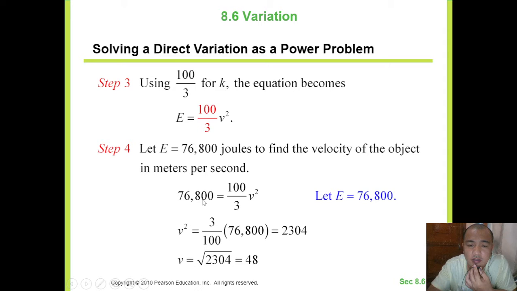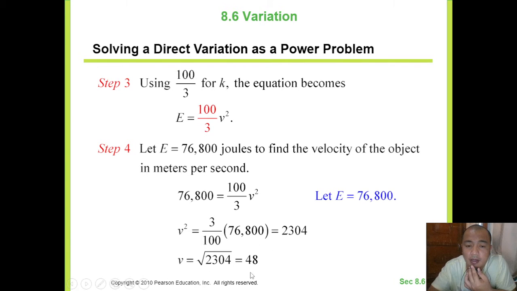Cross multiply: 76,800 times 3 divided by 100, which is equivalent to 2,304. But V is squared here. So V squared equals 2,304. Get the square root of both sides. V equals the square root of 2,304, which is equivalent to 48. Alright, this is now the answer, 48.